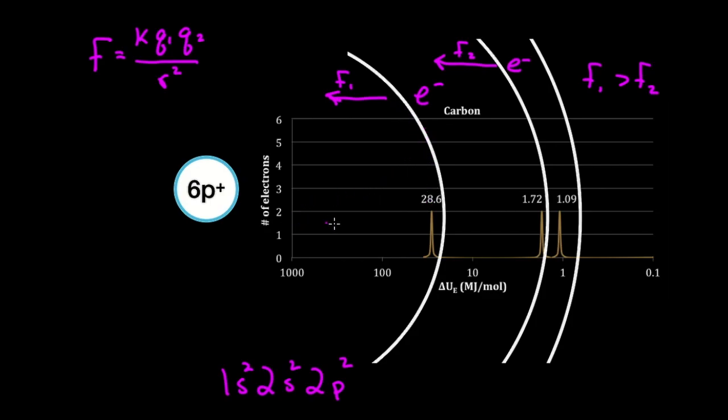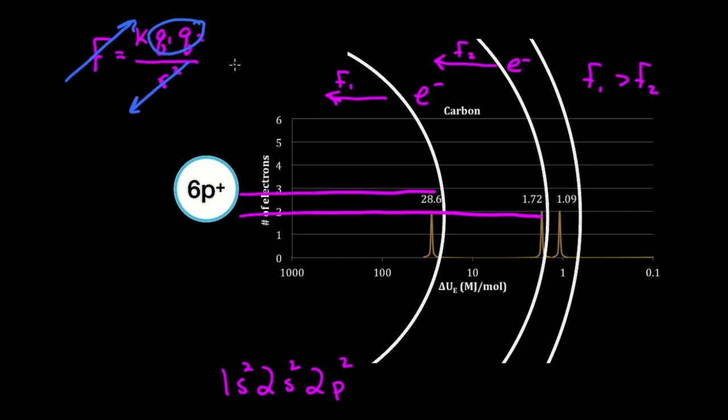You can see here that the distance from here to here is smaller than the distance from here to here. So if we decrease the r value by decreasing the distance, that increases the force over here. And the q values are going to be the same for this one and for this one.